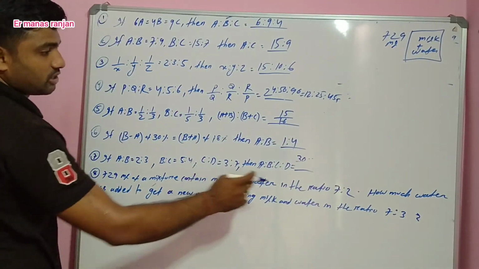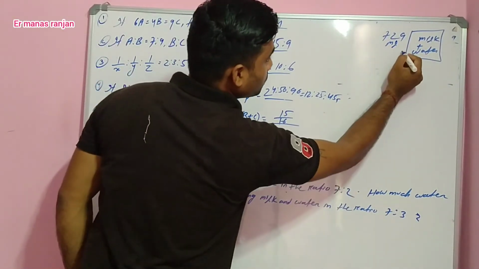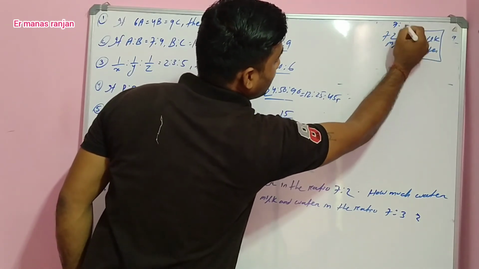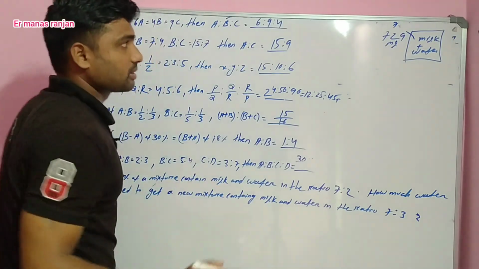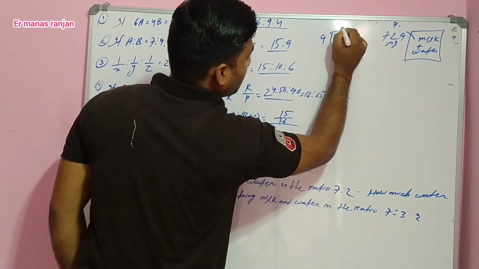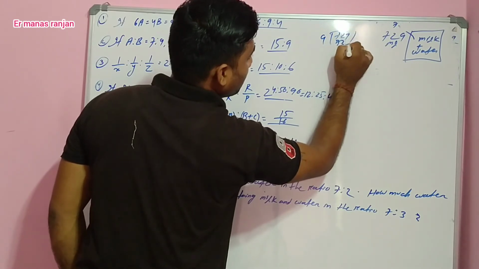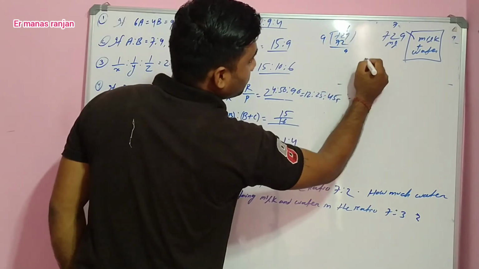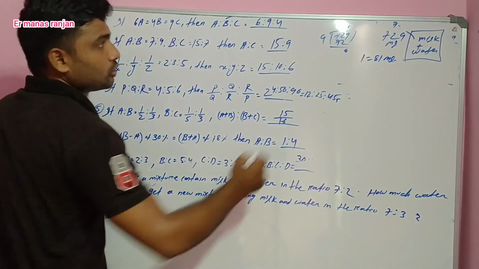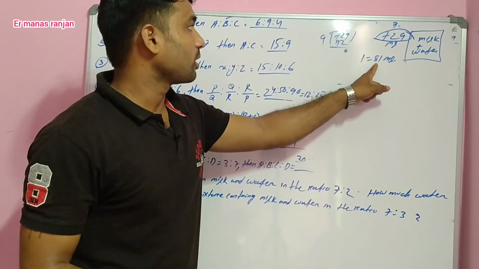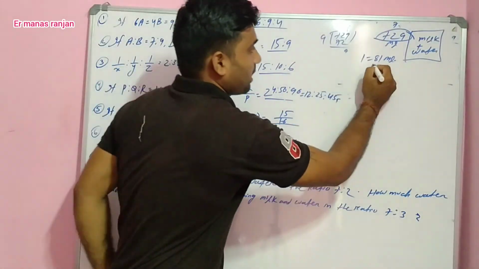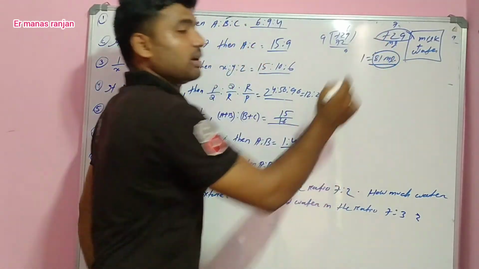In the ratio 7:2, milk is 7 parts and water is 2 parts. So total 9 parts. So each part will be 81 milliliter. In 729, equally divided into 9 parts, each part equal to 81 milliliter.